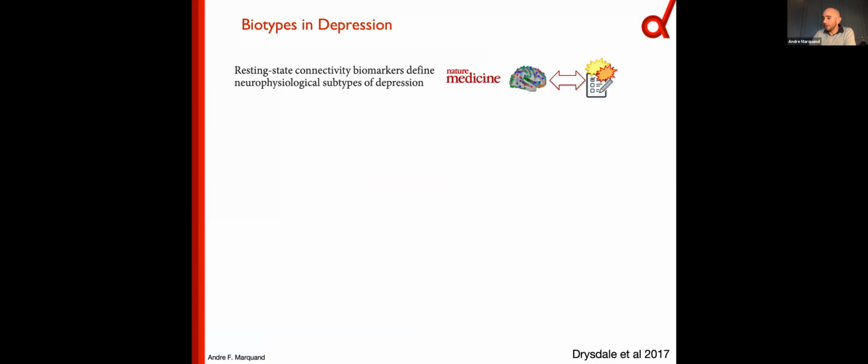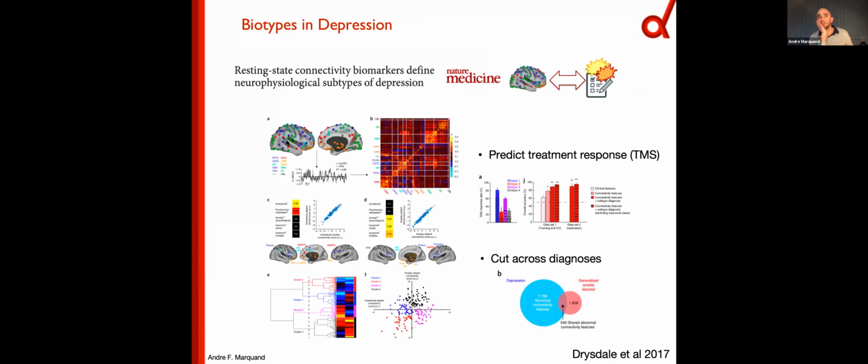To illustrate that, I'm going to take one relatively high-profile study that was published in Nature Medicine a few years ago that aimed to use resting state functional connectivity to derive putative biotypes. The authors of the study used canonical correlation analysis to derive mappings between symptomatology and resting state functional connectivity.